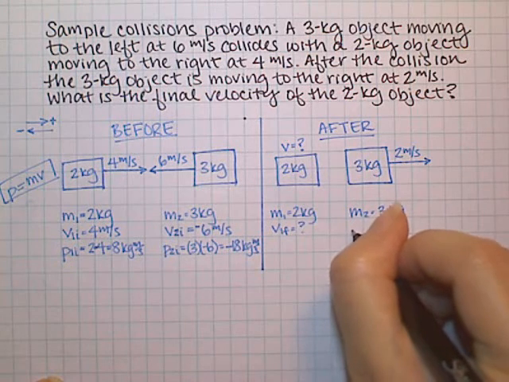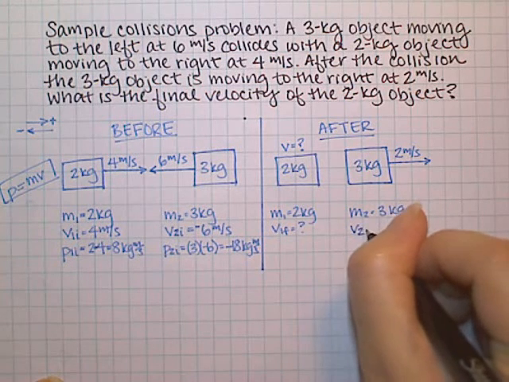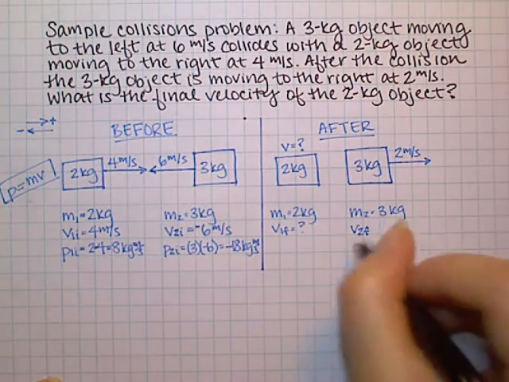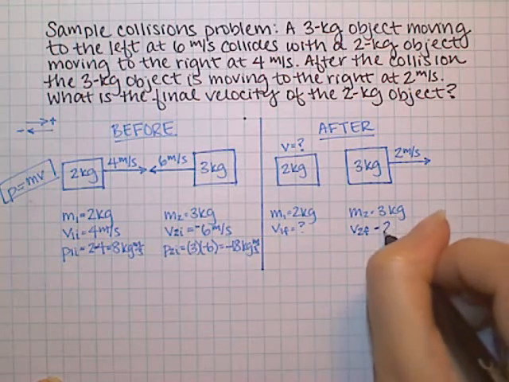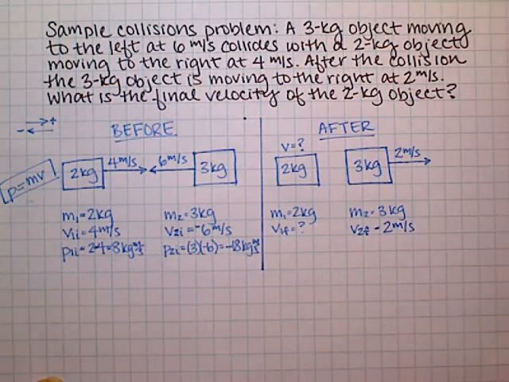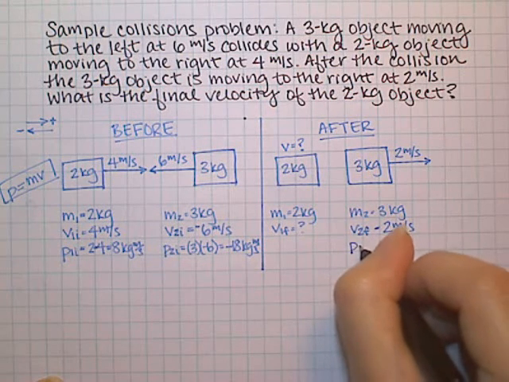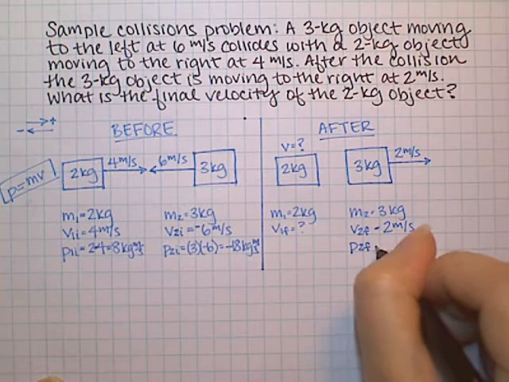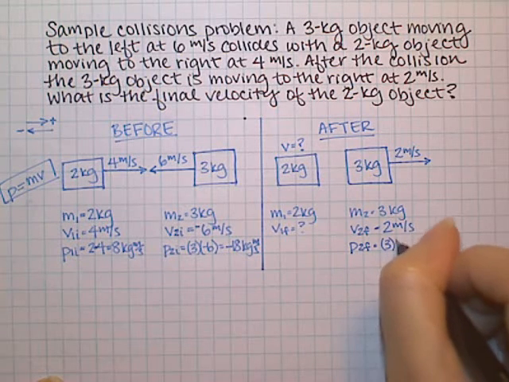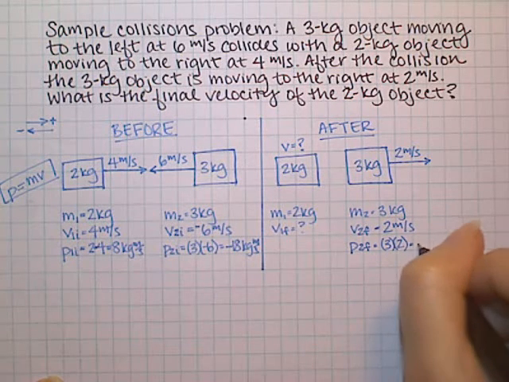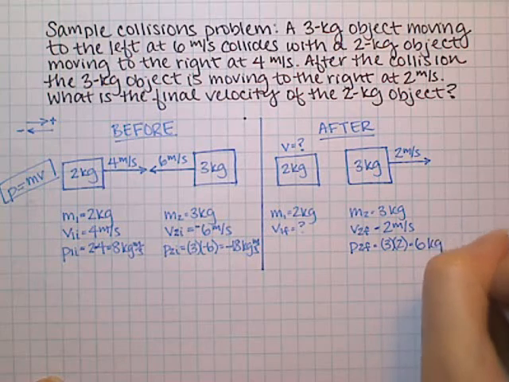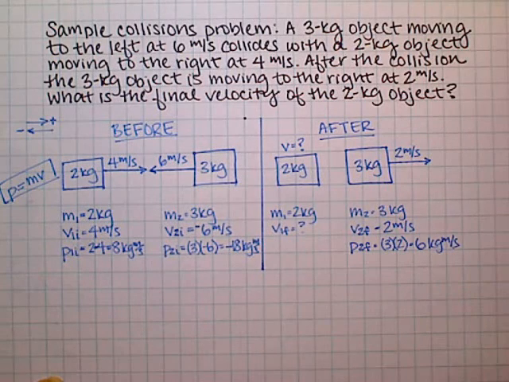Its final velocity, which I'll label as V2F, is 2 meters per second to the right. So to find its momentum after the collision, I just multiply those together, which gives me 6 kilogram meters per second of momentum there.